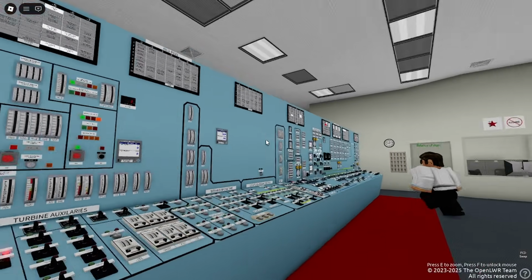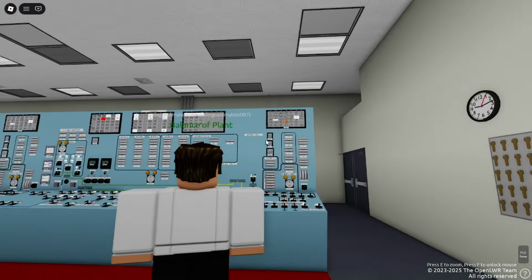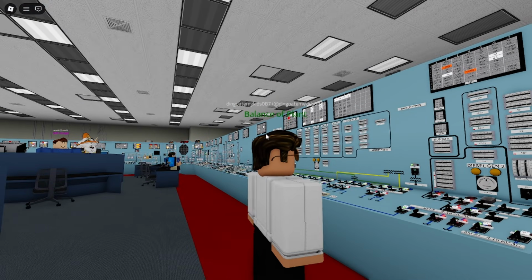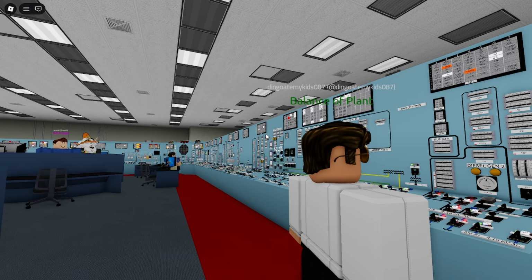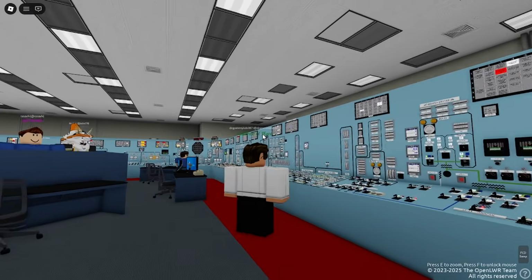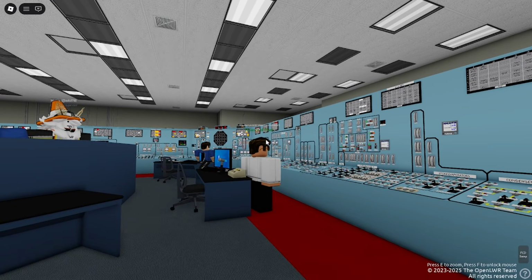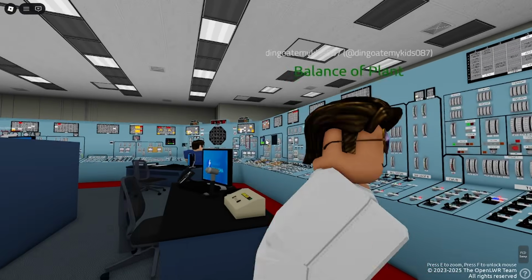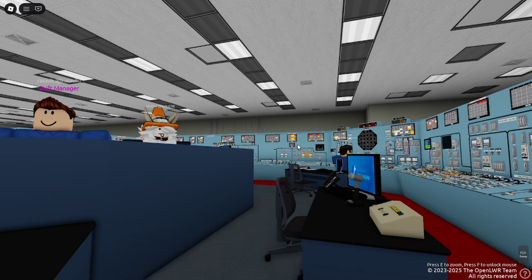Alright, BOP, could you contact field operations and have them investigate the cabinet for the SWB pump? And could you emergency trip DG2 on no SW flow?